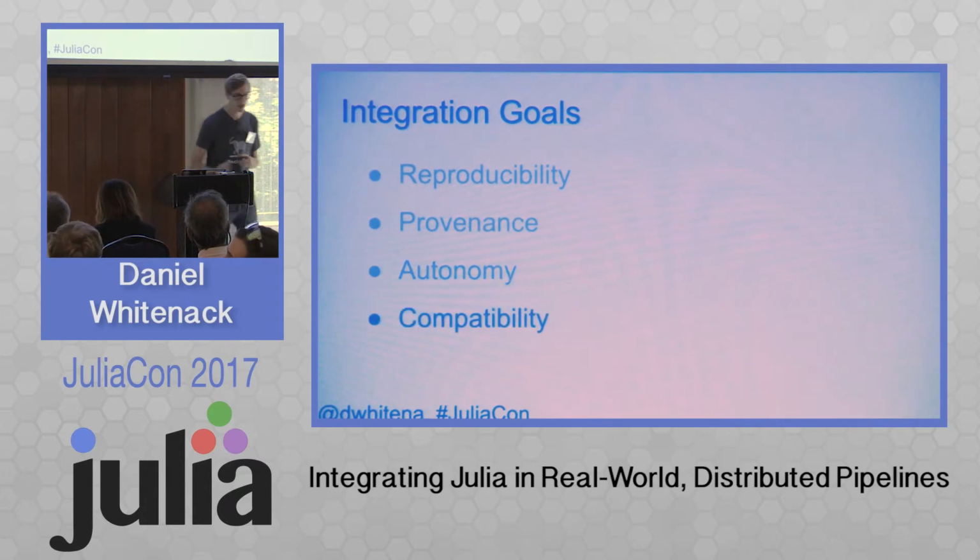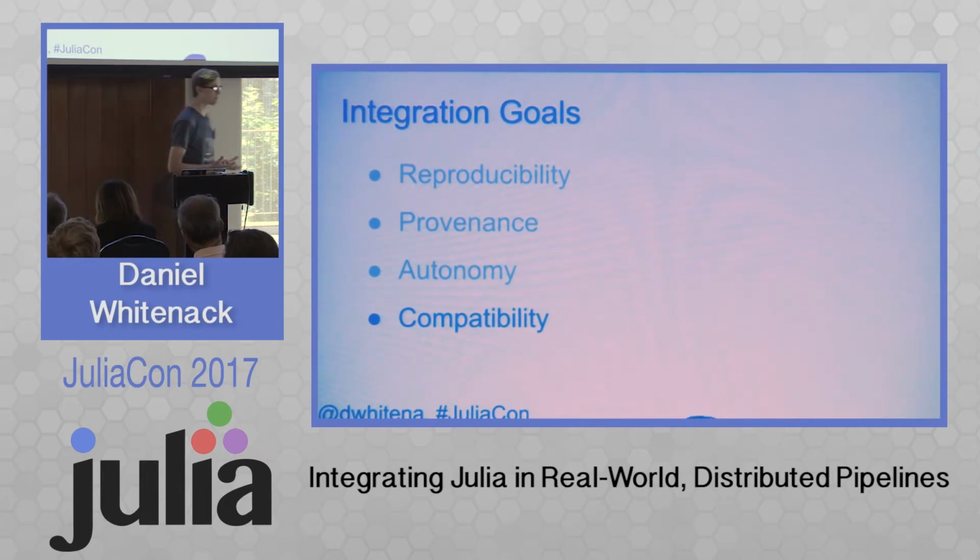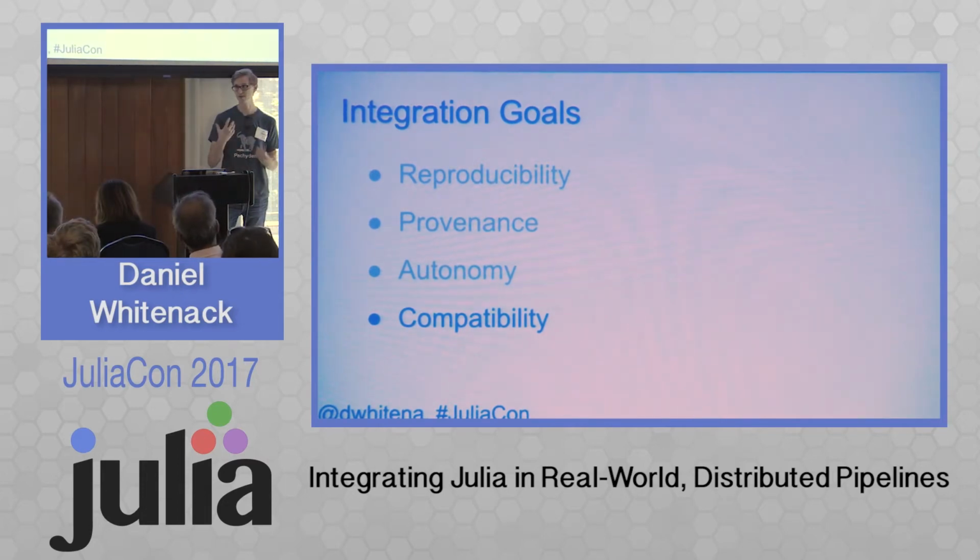Okay. The last thing that builds on that and complements that is compatibility. So yes, we want to be able to use the tooling that we like, and we want to be able to use Julia and these other things, but we can't just have the excuse that we're going to use the things we want and all of you deal with it.